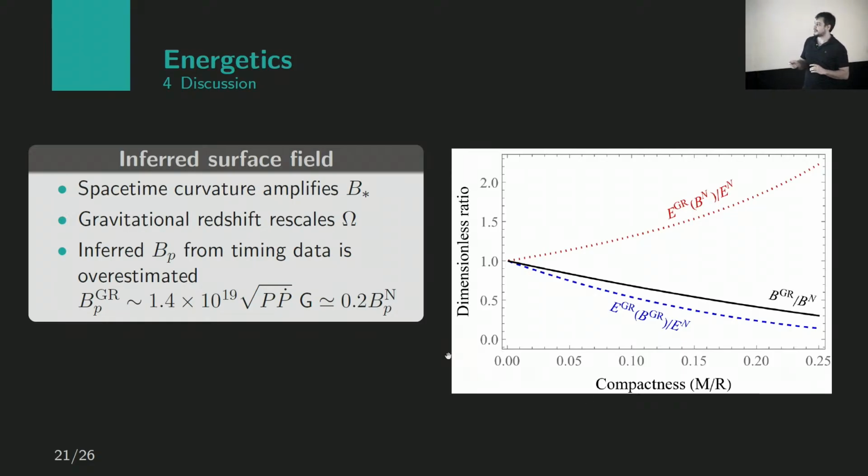This means that if you put everything together, even if the space-time curvature amplifies the surface field, if you put real numbers in this, you would need to put a smaller reference value for the surface field. And this means that in the end, the energy that you calculate from relativistic magnetospheres is lower than the energy that you calculate from Newtonian magnetospheres.